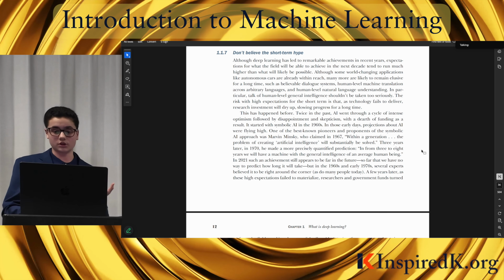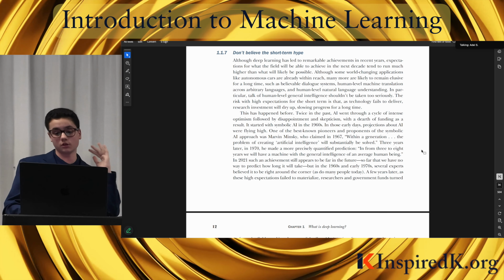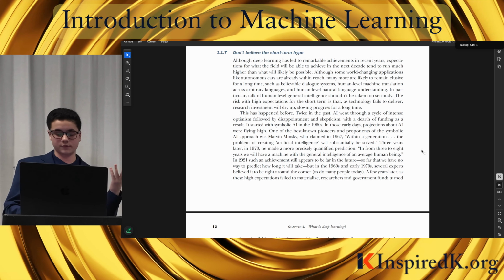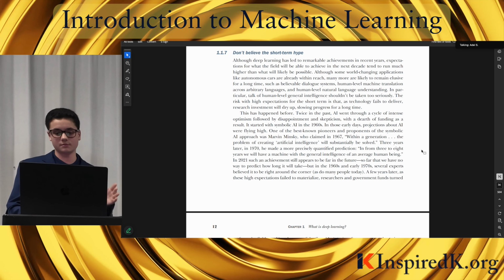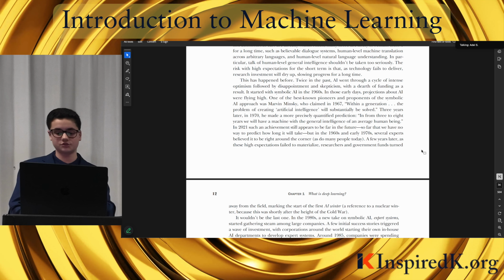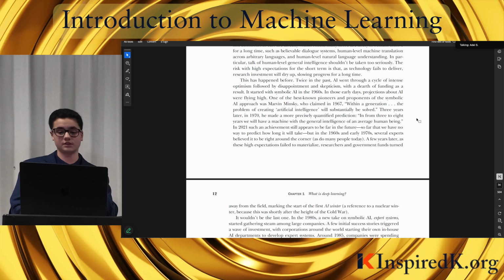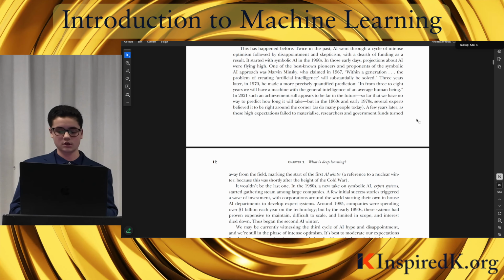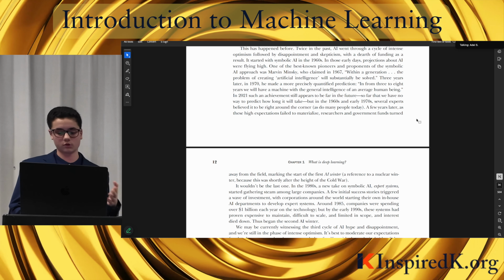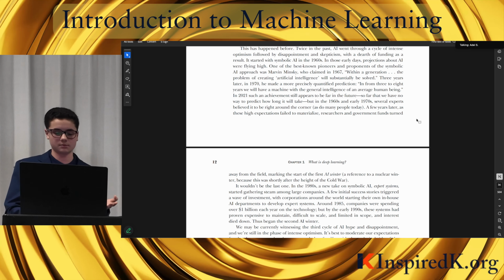However, now in 2025, this achievement is still long in the future, and because of this failure to fulfill this promise as well as many others, funds and research investigations into AI dried up, starting the first AI winter, which is called a winter because it was a reference to the Cold War, which was happening at the time.